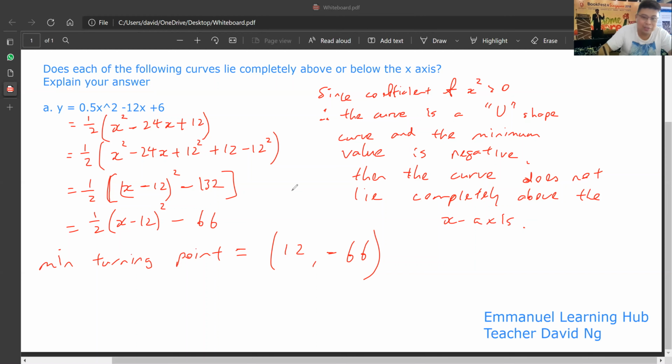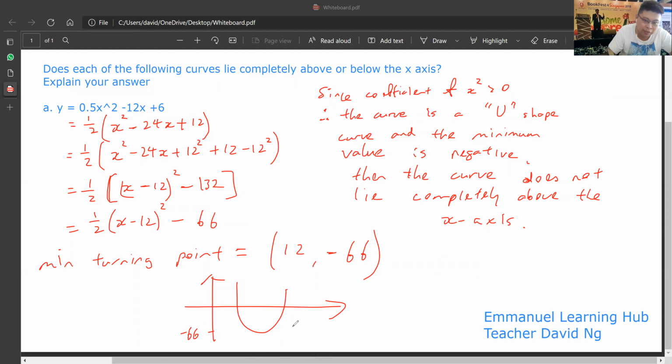You know why, right? But can't we just say the curve lies completely below the x-axis? Because it's not. The curve is like that, unless it's an N-shaped curve. It's a U-shaped curve.